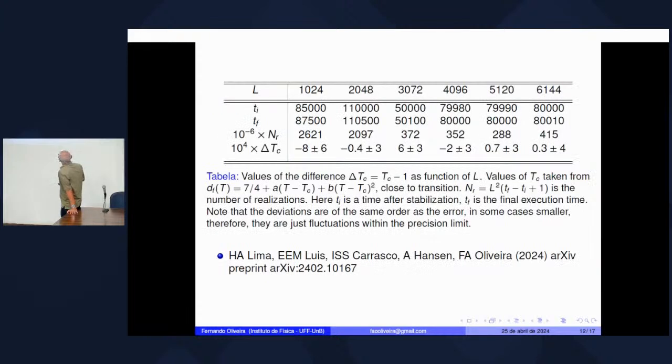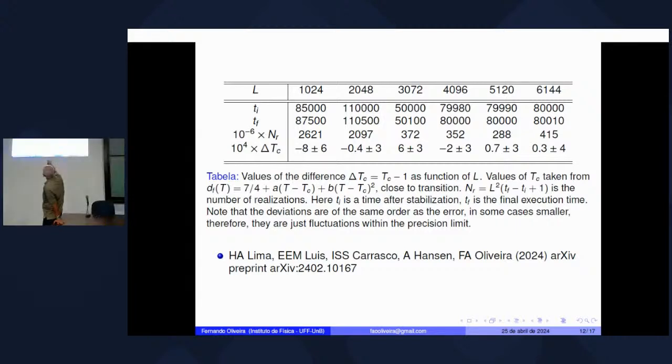You can do it for many different values of the lattice size, 1,000, 2,000, and so on. And we get the deviation of the temperature times 10 to the 4. So you should put here -8 times 10 to the -4, and here -0.4, 6, -2, and so on.